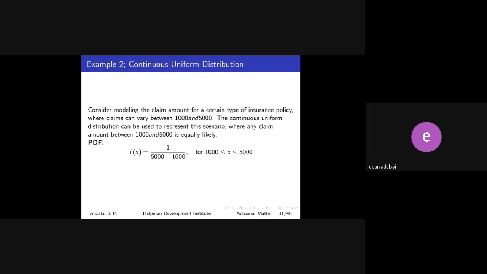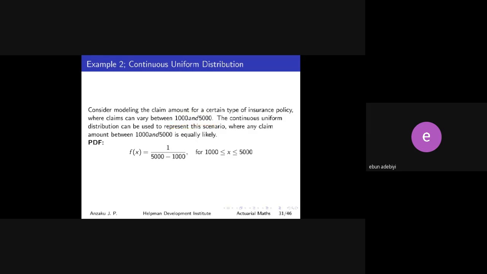Since we're looking at this example, we want to model a claim amount for a certain type of insurance policy. The claims vary between, so you see there's no specific value, and that makes it continuous. It varies between 1,000 and 5,000 naira or dollar here.